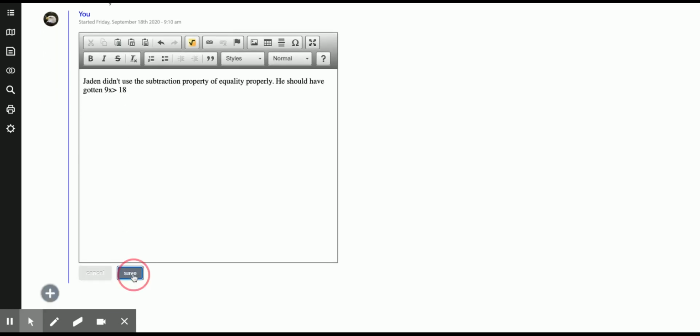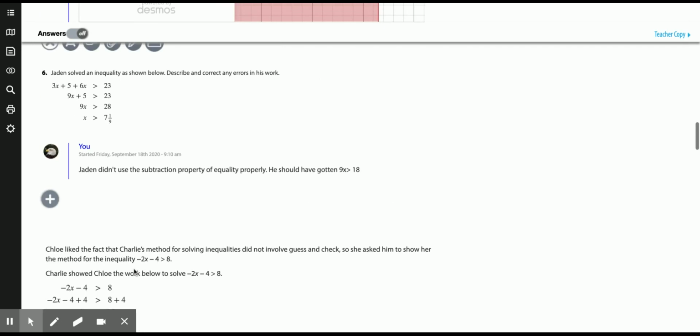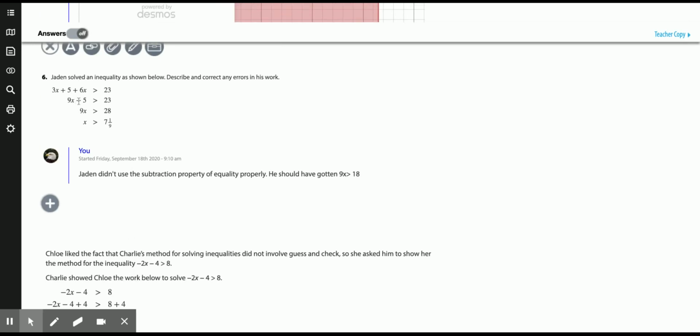So that's where he went wrong. You can just look. It's plus 5. To get rid of it, you need to minus 5. But you also need to do the same thing over here for our subtraction property of equality that we learned in the last series of lessons.